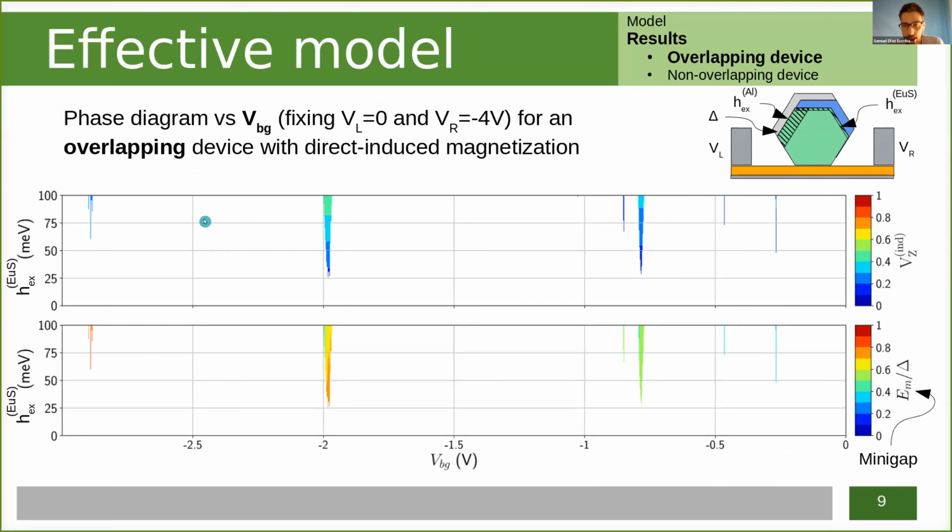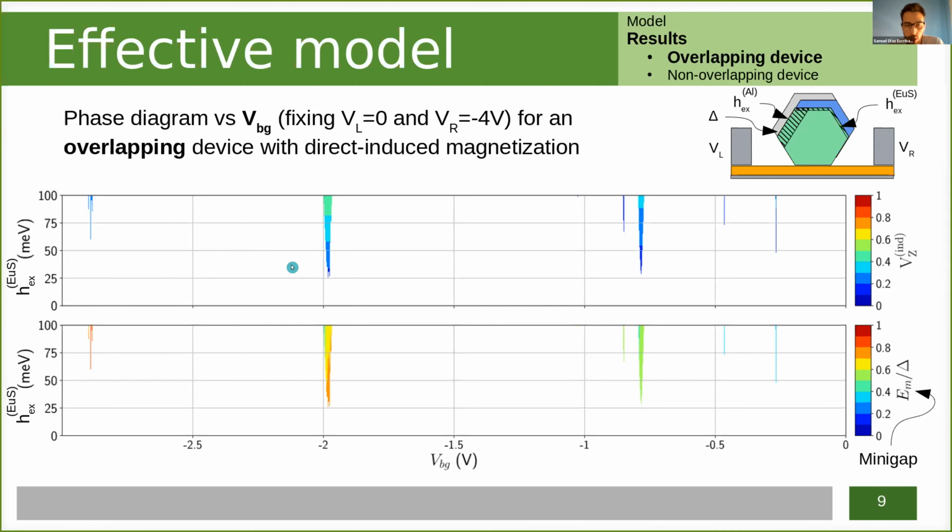So this is the phase diagram for the overlapping device versus the backgate voltage here, and the exchange field in the europium sulfide interface. We are not saying that this parameter is tunable, it's just that it is not very clear from experiment what its precise value is. So here white means that the lowest energy mode is topologically trivial.